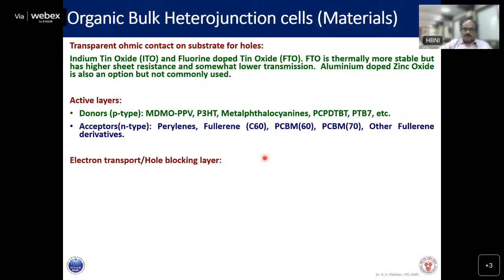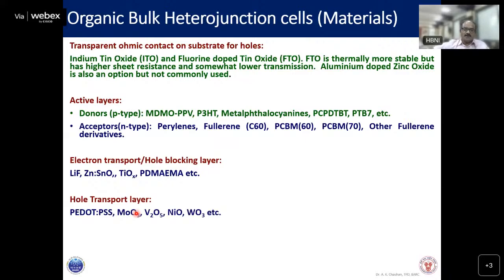Then electron transport, hole blocking layers. Most commonly used are lithium fluoride, zinc doped tin oxide, titanium oxide, and some organic materials. For hole transport materials, the commonly used materials are PEDOT:PSS, molybdenum oxide, vanadium oxide, nickel oxide, tungsten oxide, etc. These are very thin layers.